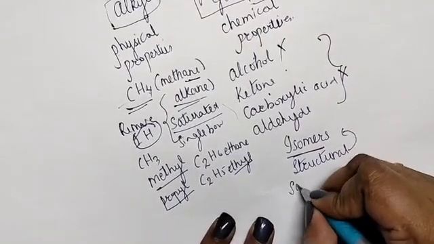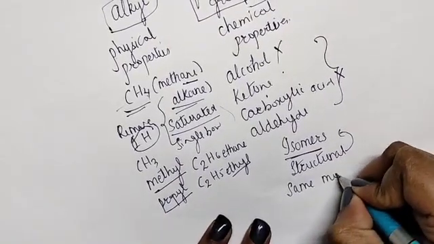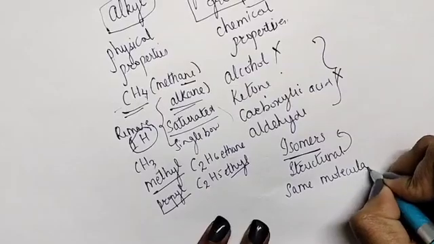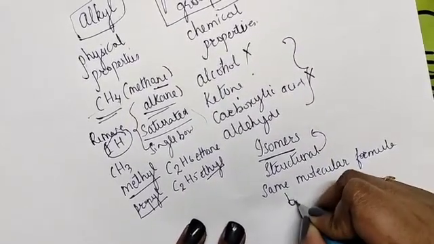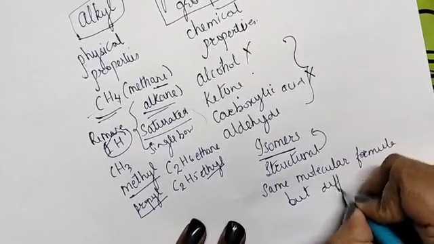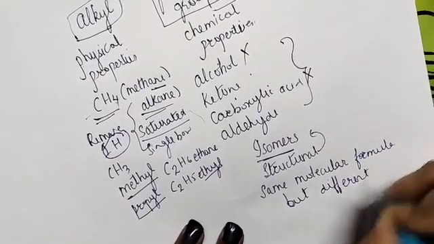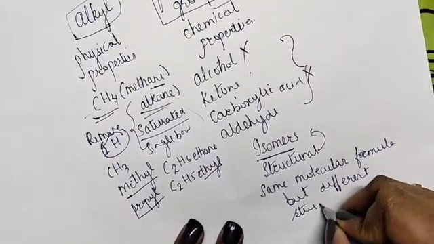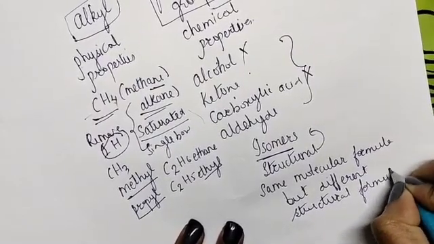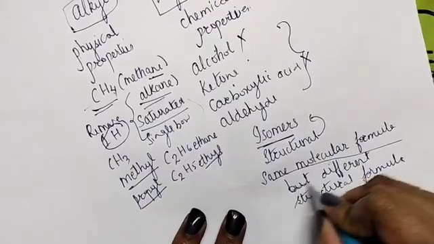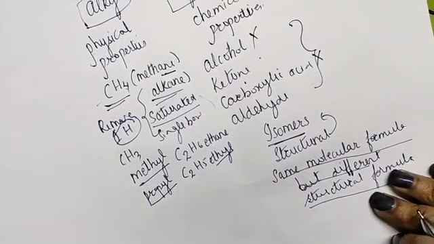So isomers have the same molecular formula, but different structural formula. They have the same molecular formula but different structural formula.